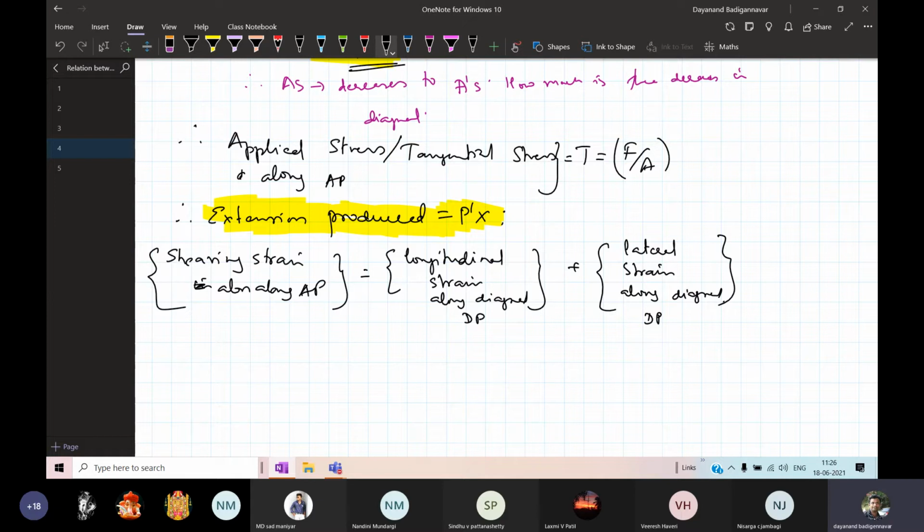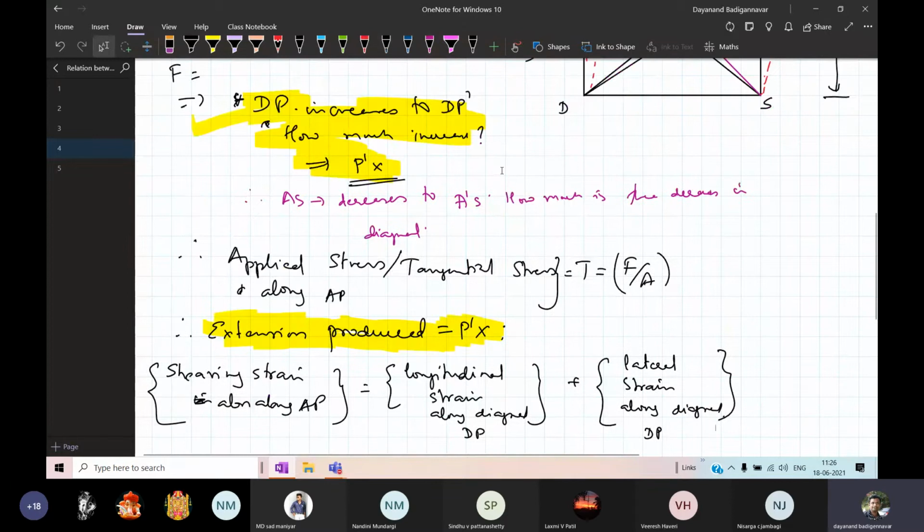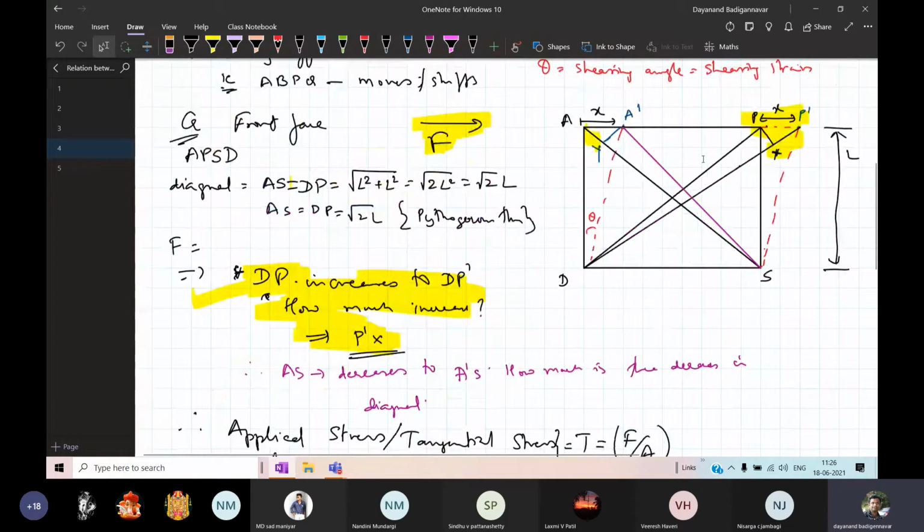Now look here. If you look at this diagram, what is the length that has increased? The length that is increased is given by P dash X. There is a strain that is produced.